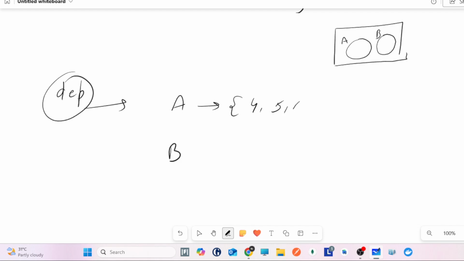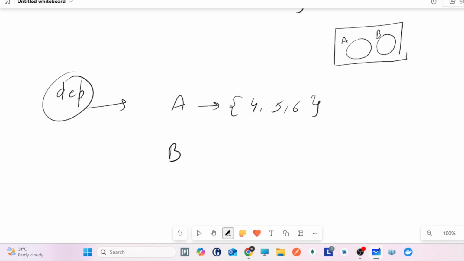Dependent events are those events that have a dependency. For example, if we have event A and event B, event A says: what is the sample space when rolling a dice and getting a value greater than 3? The sample space is 4, 5, 6.